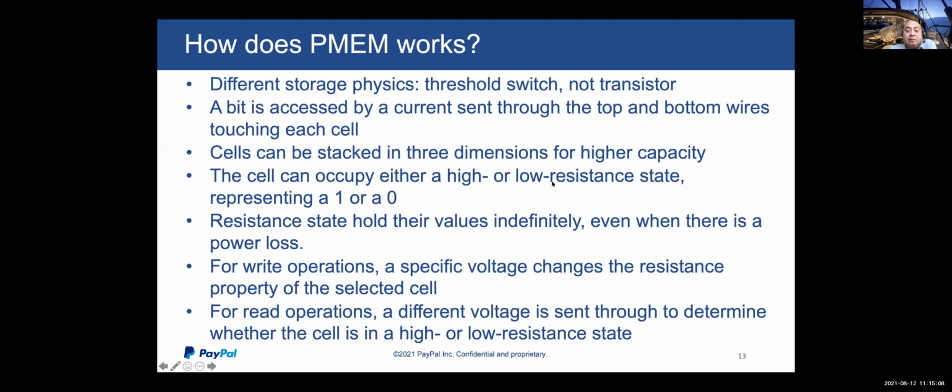And by storing different resistance states, it retains a 0 or 1 status. And therefore, they can retain their value indefinitely even when there is a power loss. Now, to distinguish write operation versus read, a different voltage is applied across the cell. So it would effectively program the cell to a different resistance.